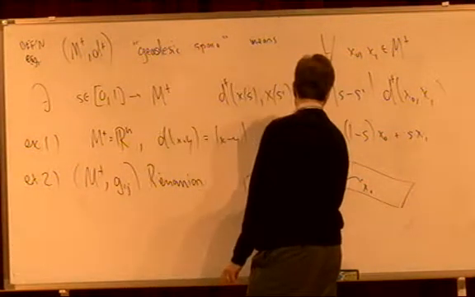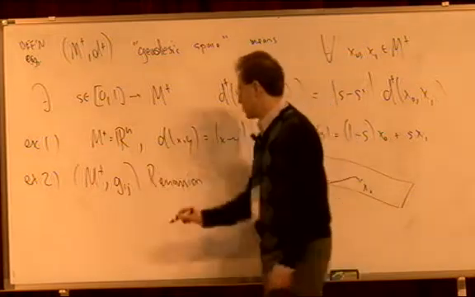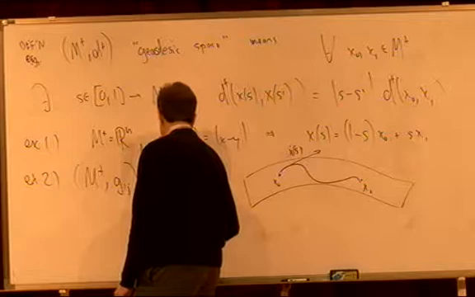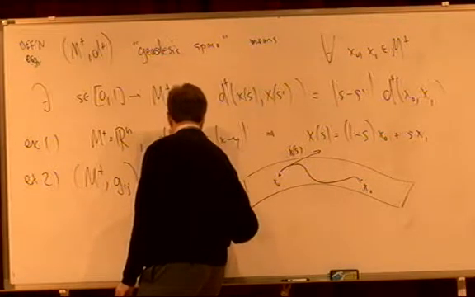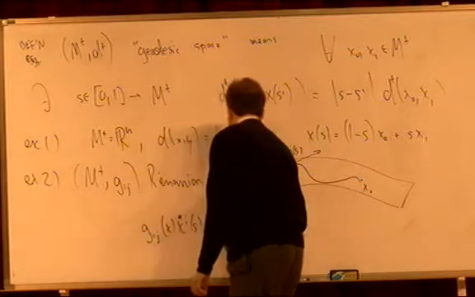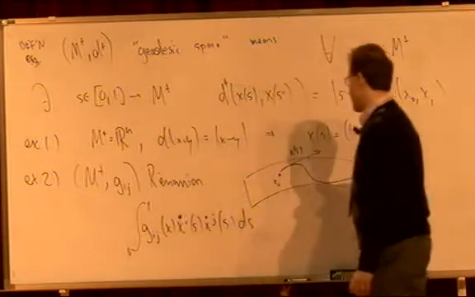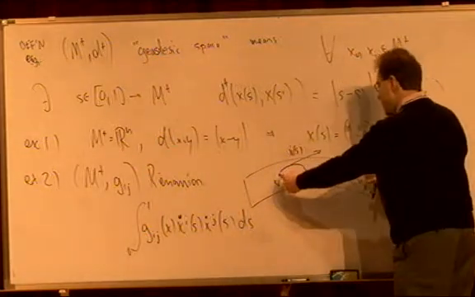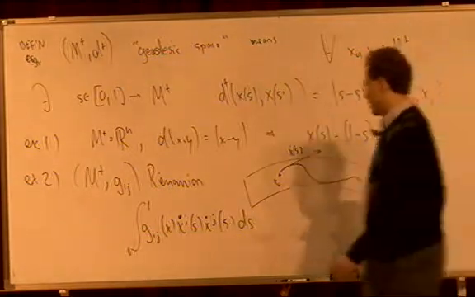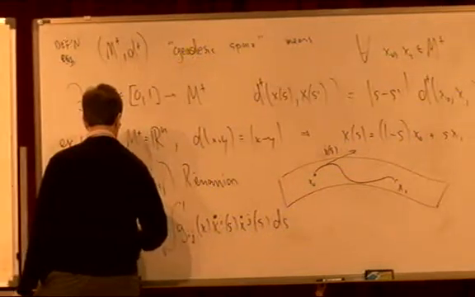Of course, you can compute the length of a tangent vector x dot of s using the metric g_ij. And then you would integrate that from 0 to 1. And you would want to try to minimize that integral among all curves connecting x0 to x1 to construct a geodesic. And so in this case, the minimum turns out to be attained.